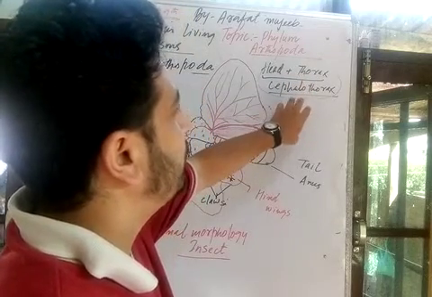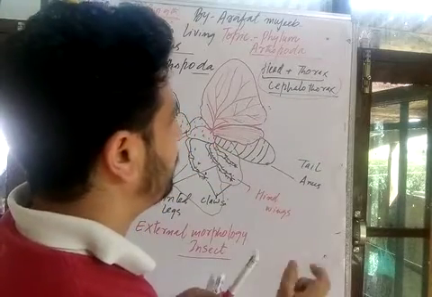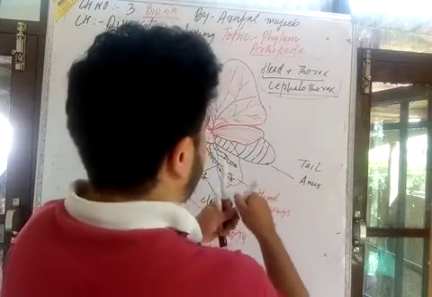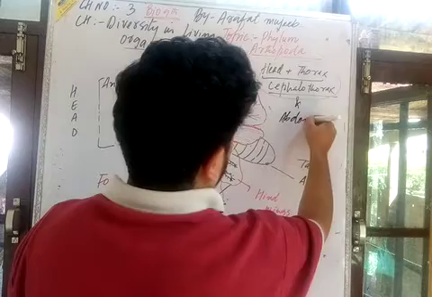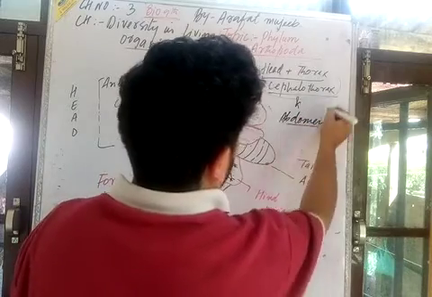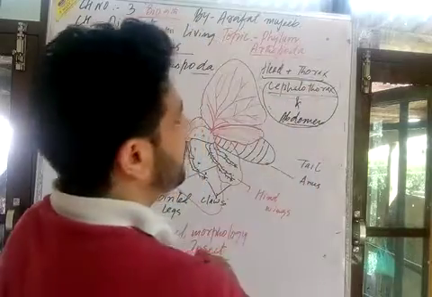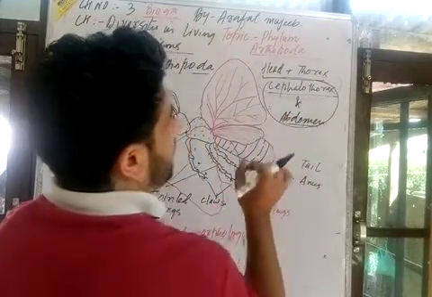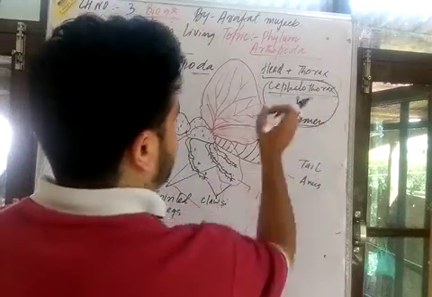In some Arthropods there are cephalothorax and abdomen. In some Arthropods they have a separate head, thorax and abdomen, but in certain Arthropods they have cephalothorax and abdomen.